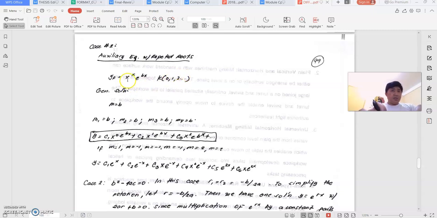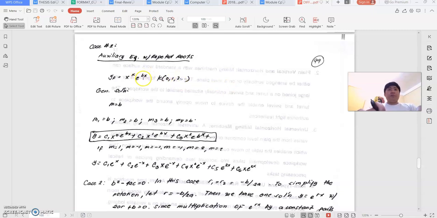Okay? So, your y will be equal to x raised to the power of k. So, k will be 0 and so on, depending on how many times the root repeats. But it will always start with 1, 2, 3, and so on.